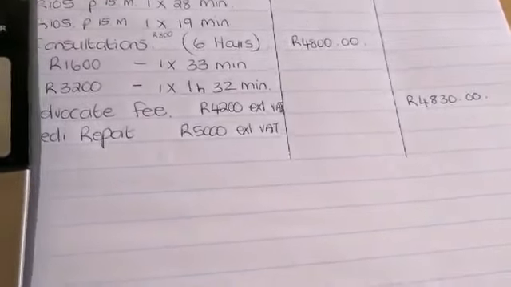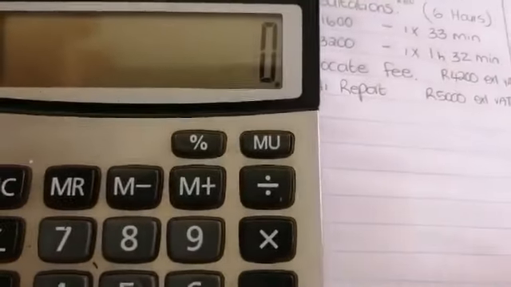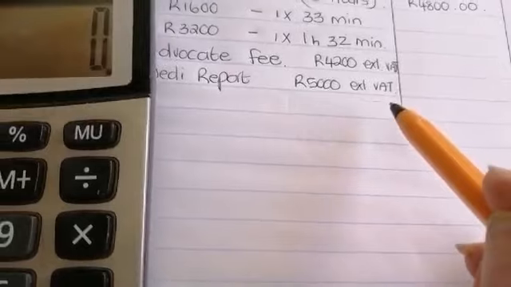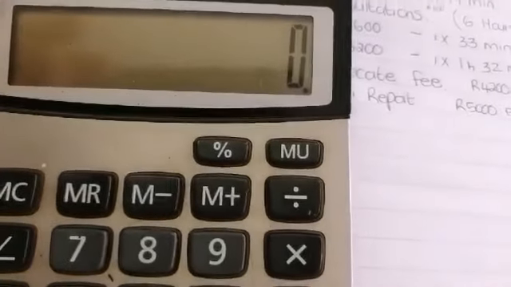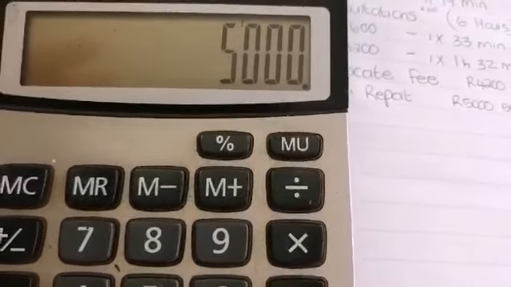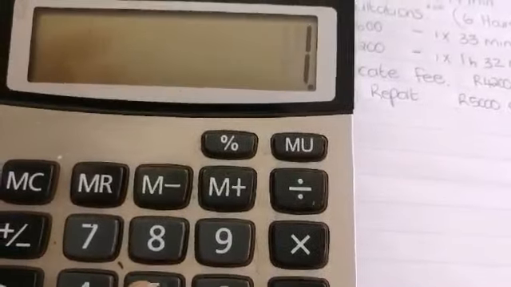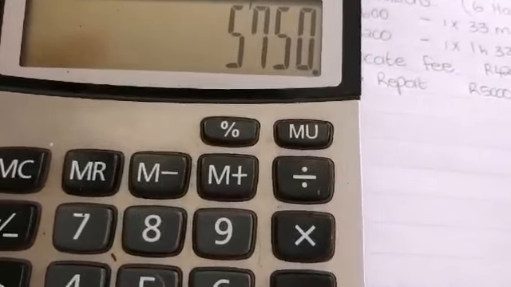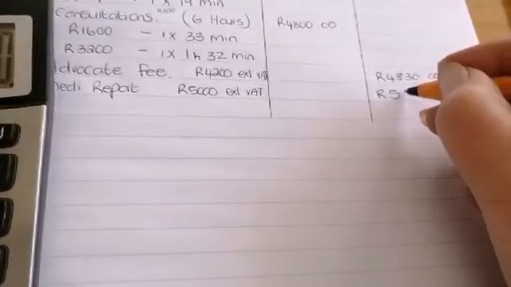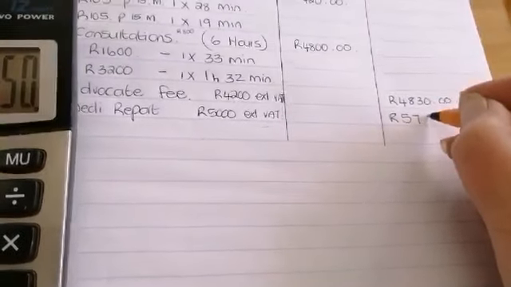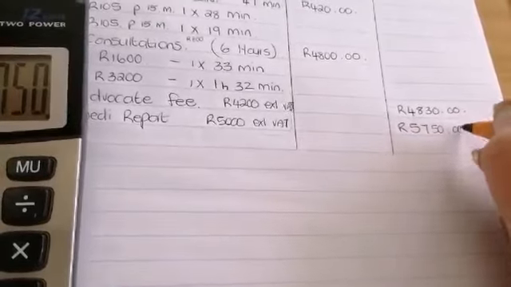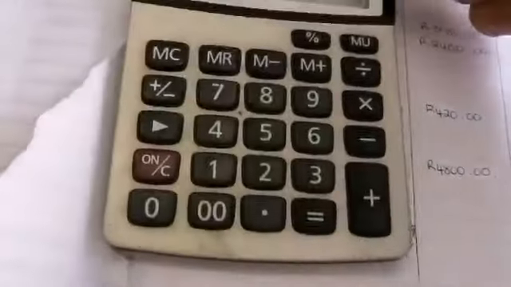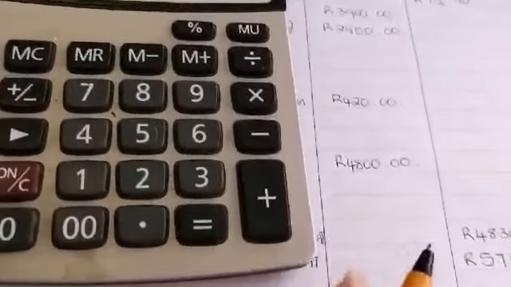And now the Mediclinic report again is exclusive of VAT, so you need to include it. So you're going to say 5,000 plus 15% equals 5,750 Rand. So now you have done your most important calculations.